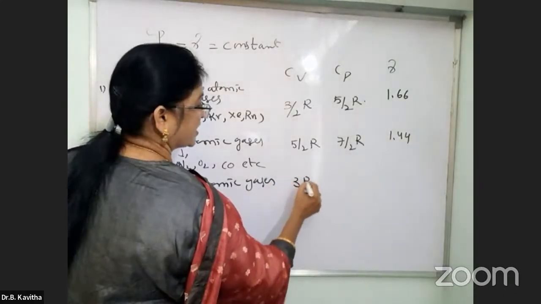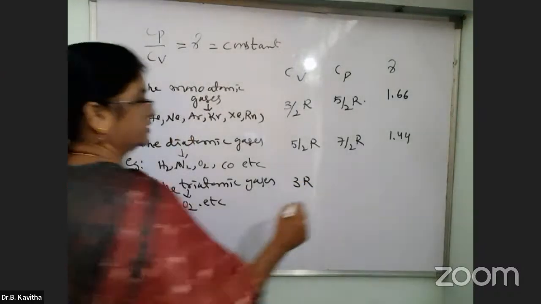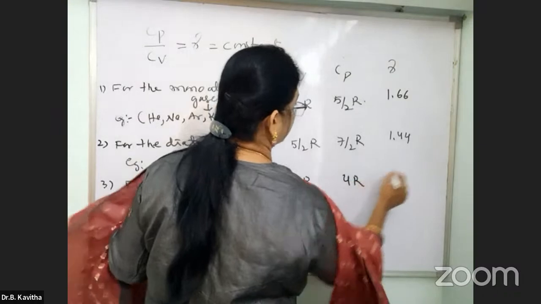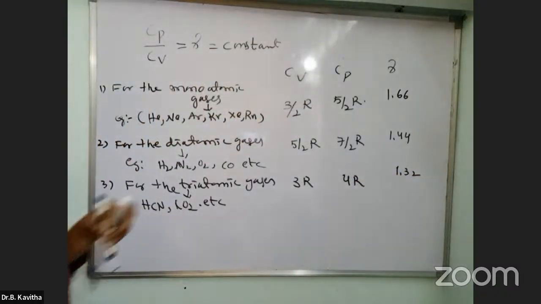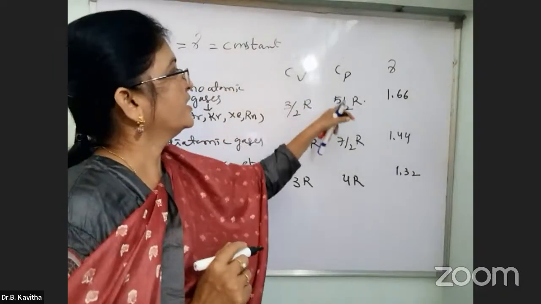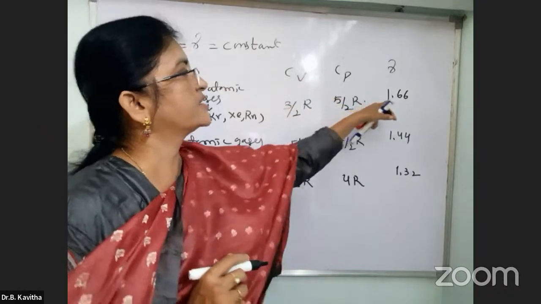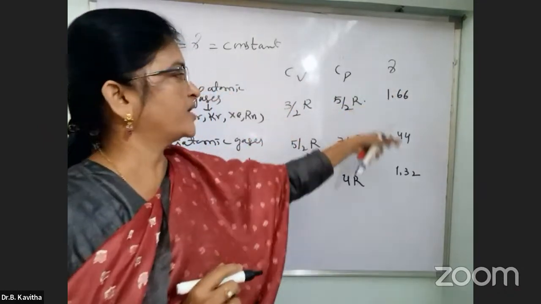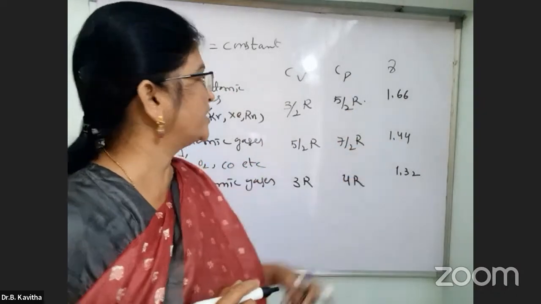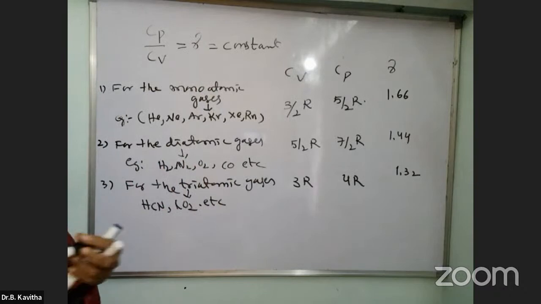The CP value is 3R, and this is 4R, and this is 1.6. Because when you do 5/2 R by 3/2 R, R gets cancelled and you get this value. If you want, you can check. Now this is 1.44 and 1.3. So all these things you have to remember now.